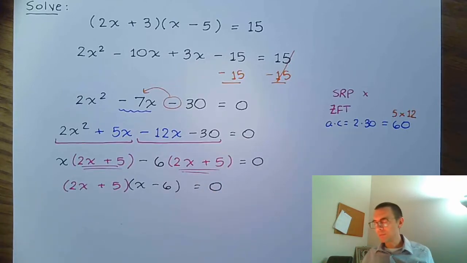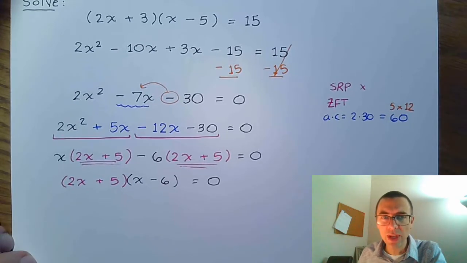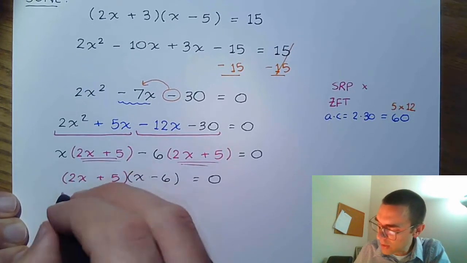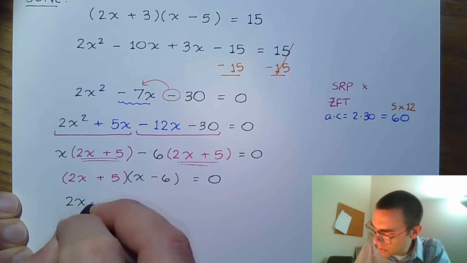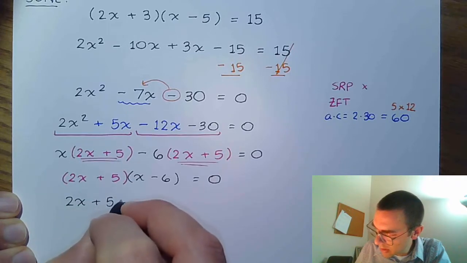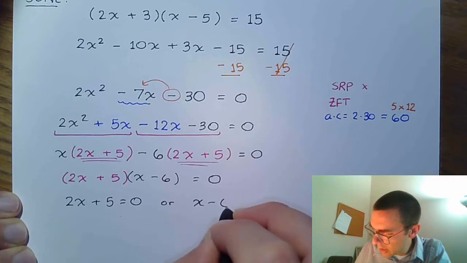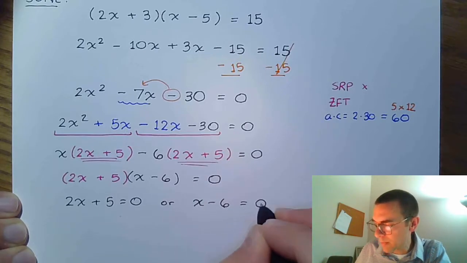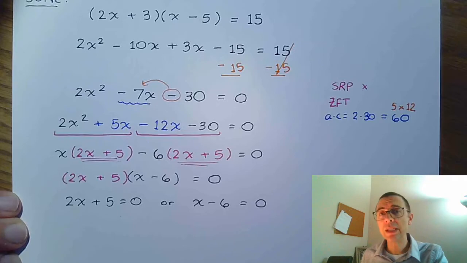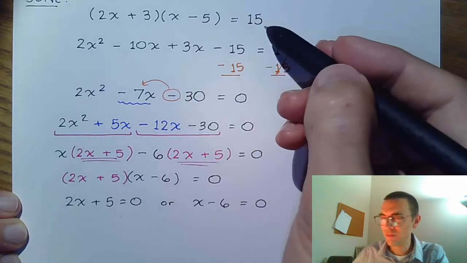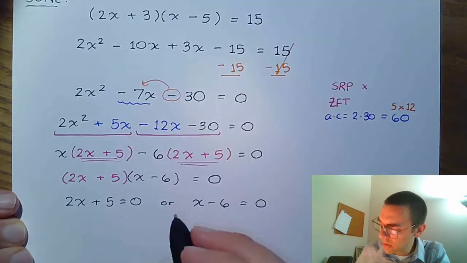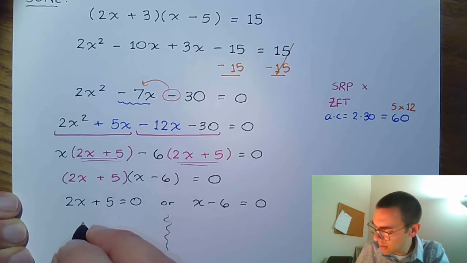Alright, so we have this factor. It's equal to 0. So we're going to take each of these factors and set them equal to 0 using that zero factor theorem. So that means 2x plus 5 must equal 0, or x minus 6 equals 0. Again, we only have the guarantee if the product equals 0, not 15. So let's solve each of these.